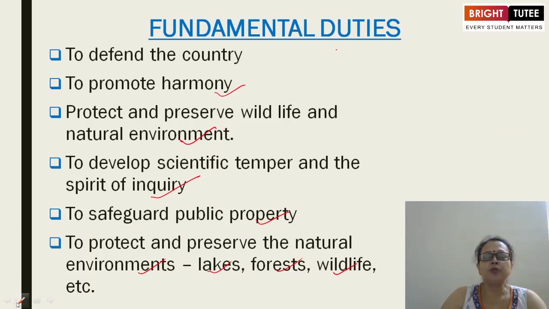We are availing so many facilities from the Constitution under the fundamental rights. So this is our moral duty, which they owe to their country, their society, and their fellow citizens. This is the moral responsibility of each and every citizen to contribute towards the country.